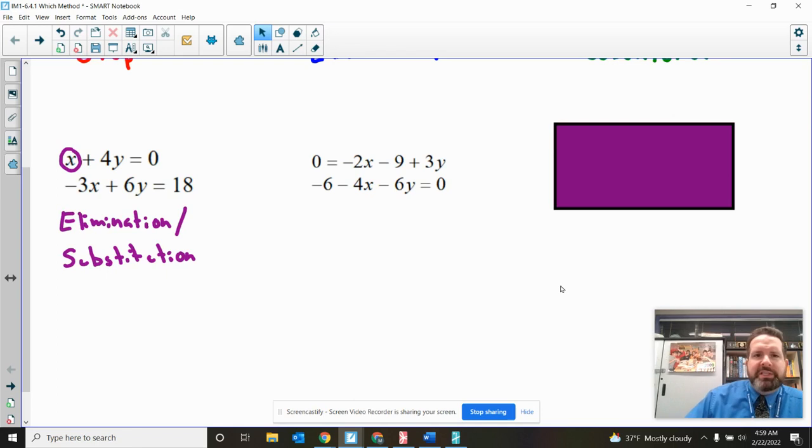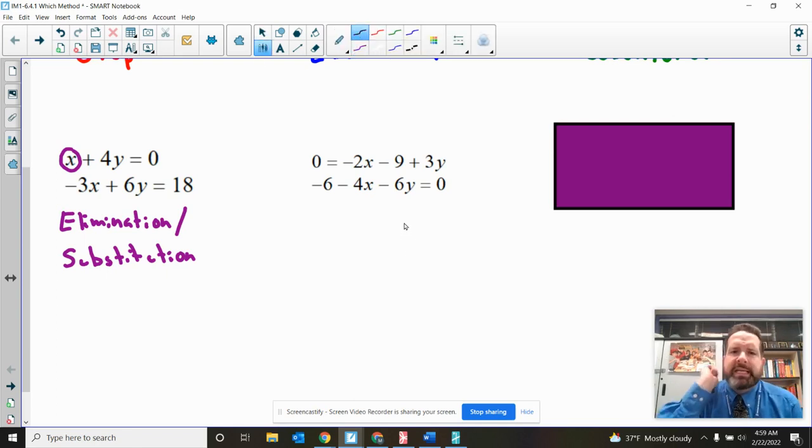Once again, make your choice. So let's see here. Now, certainly, we can move terms over and then do a little multiplying to eliminate x's or y's. So elimination is going to work. However, it's not in that standard form.